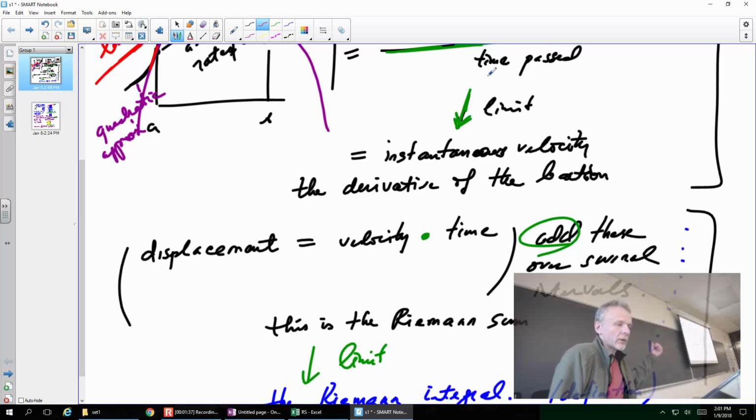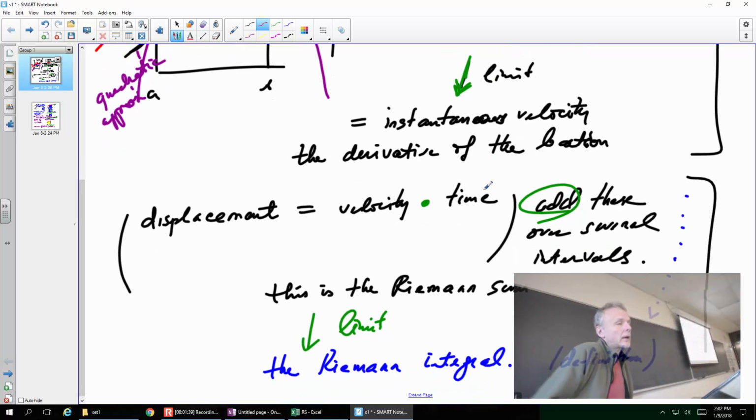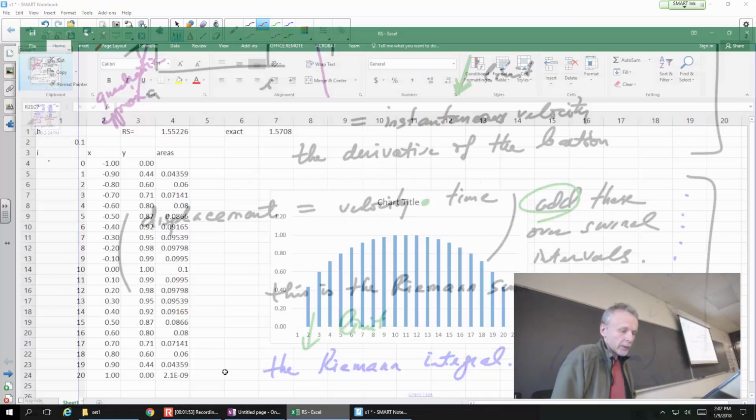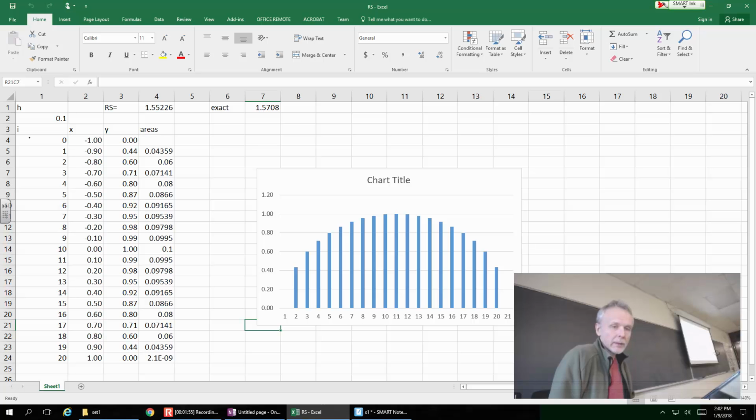The displacement is velocity times time, and if you start adding up these things over different periods of time, you end up with what we call the Riemann sum, and the limit of the Riemann sum is the Riemann integral. This is what we talked about last time, and that is the Riemann sums of what? Of a circle of radius 1.